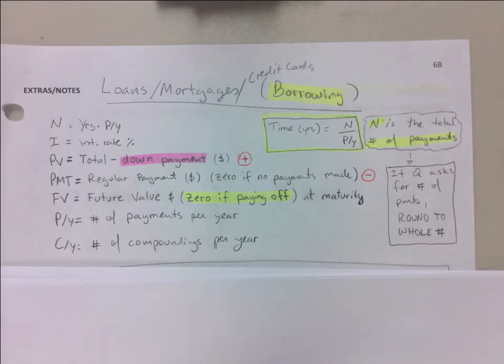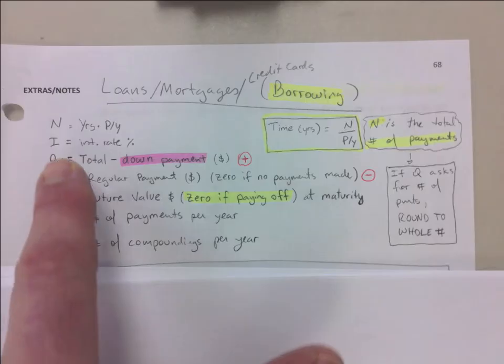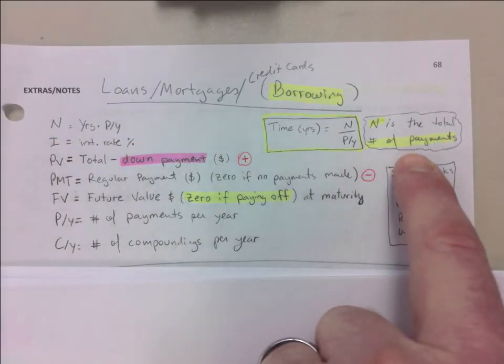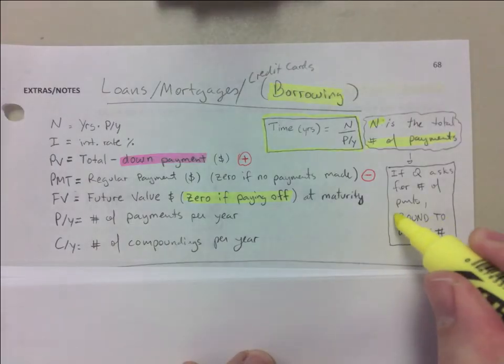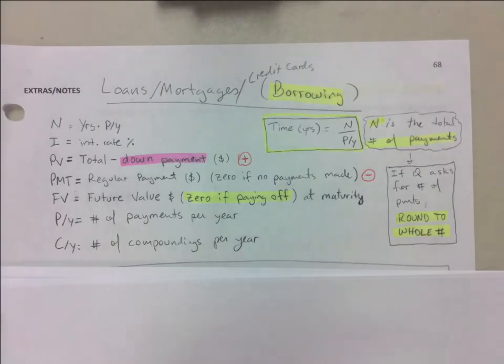Credit cards, they charge you a minimum amount every month, no matter what. If you owe money, they'll charge you a minimum. So then you might have to say, like, how long would it take if I make that payment? Then you're trying to solve how many payments that is. And you need to round to the whole number if that's what they're asking you for.